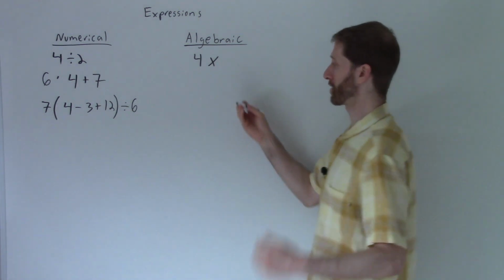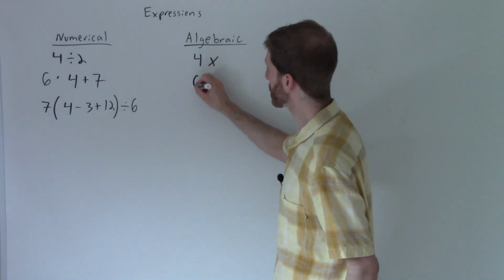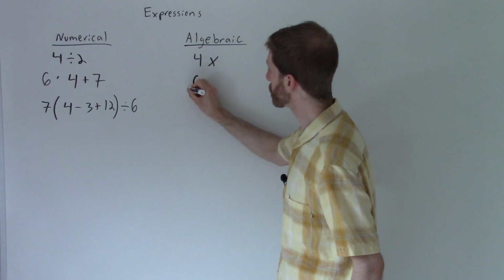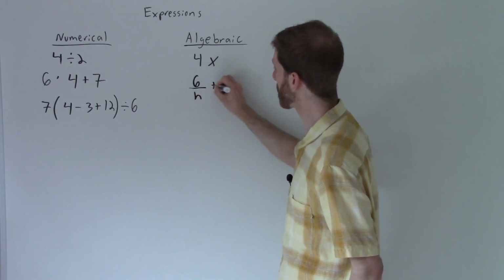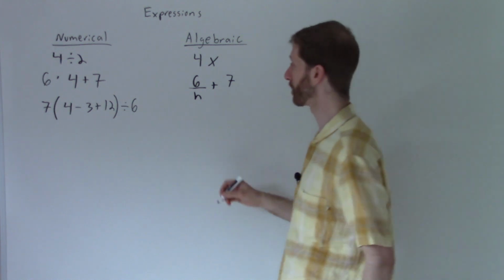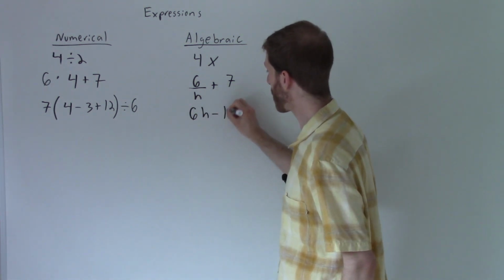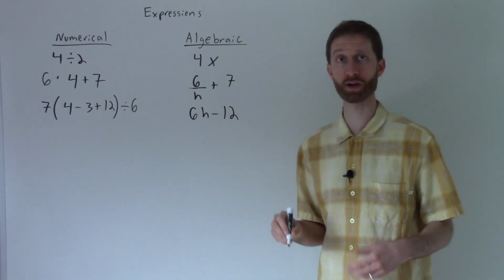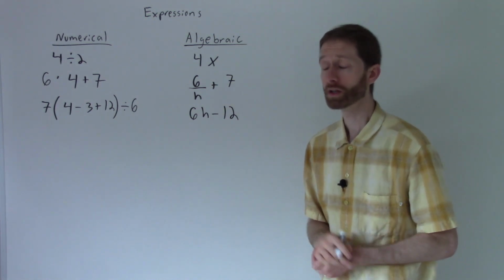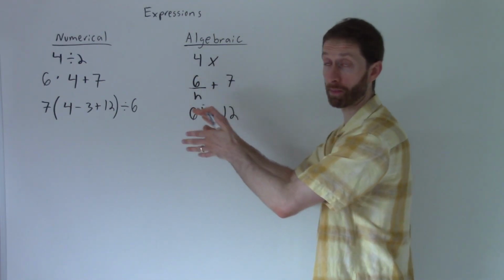Now, there are other algebraic expressions with other letters. You could have, I don't know, 6 divided by h, so 6 over h plus 7. That would be an algebraic expression just because that h is involved. You could have 6h minus 12. That would be an algebraic expression. Any number of letters will work. So, numerical expression, again, just numbers with operations.